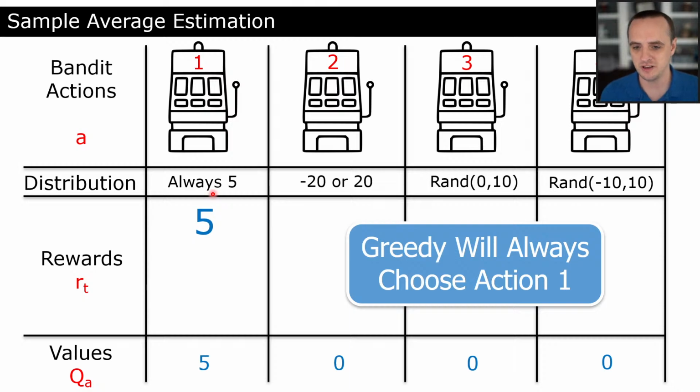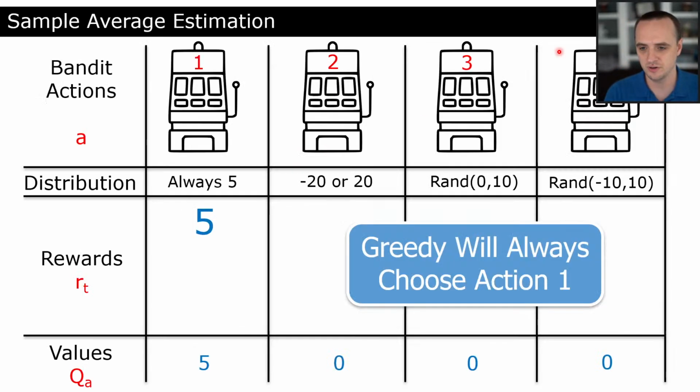So the problem is, if you choose greedy, then you will do zero exploration, and you'll end up probably just picking the same thing from here on and never doing anything any better. So there are many ways to solve this, but instead of just choosing greedy, we want to add some exploration somehow, right? So choose this one some of the time, choose that one some of the time, try something new every now and then.